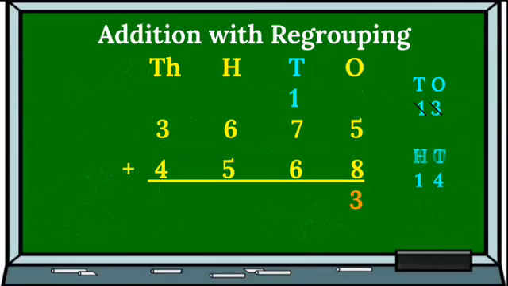So that 14 would actually be 140, which is 100 and 4 tens. Since we added the numbers in the tens column, that 4, which is tens, would be placed under that column, and that hundred, that 100, would be added to those numbers in the hundreds column.